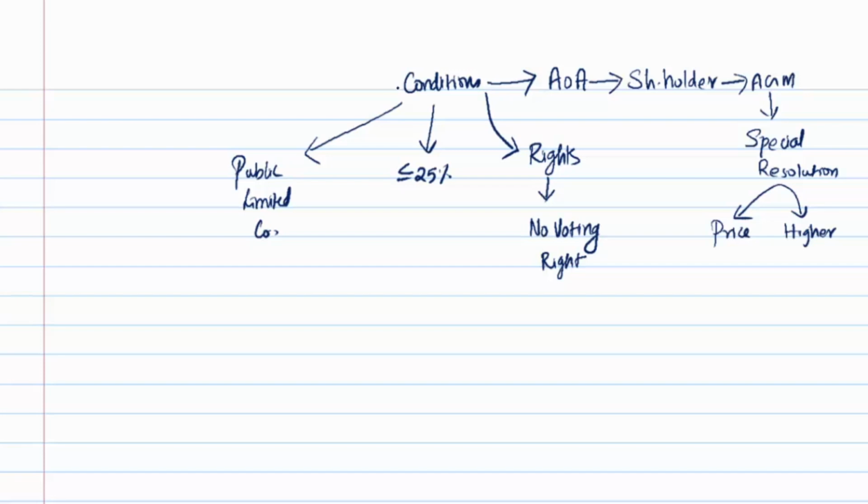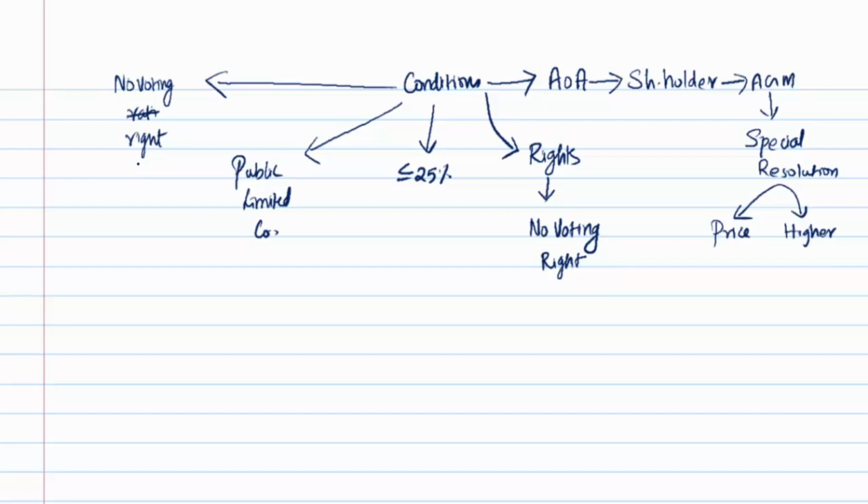Now, when equity shares are issued with differential voting rights, that is, no voting right, at a later date this no voting right share cannot be converted into shares with voting right. That kind of conversion is not possible.